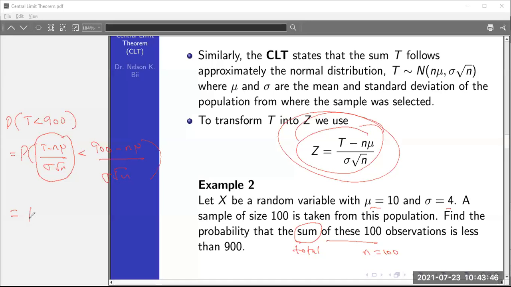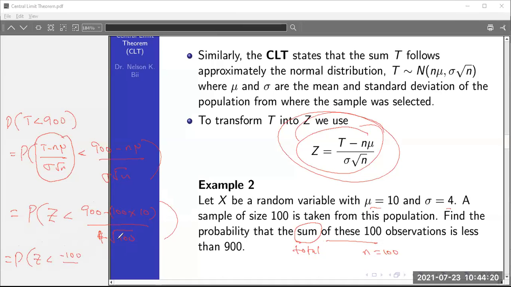Yes. So we want to find the probability that Z is less than 900 minus n, which is 100, so 100 times mu, and mu is 10, like this, okay? Divided by sigma, which is 4, times the square root of n, which is 100. So this is the probability that Z is less than 900 minus 1000, that's negative 100, isn't it?